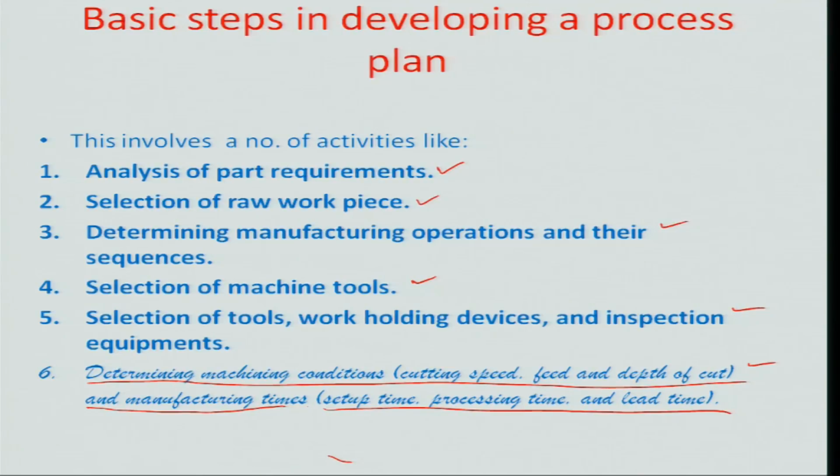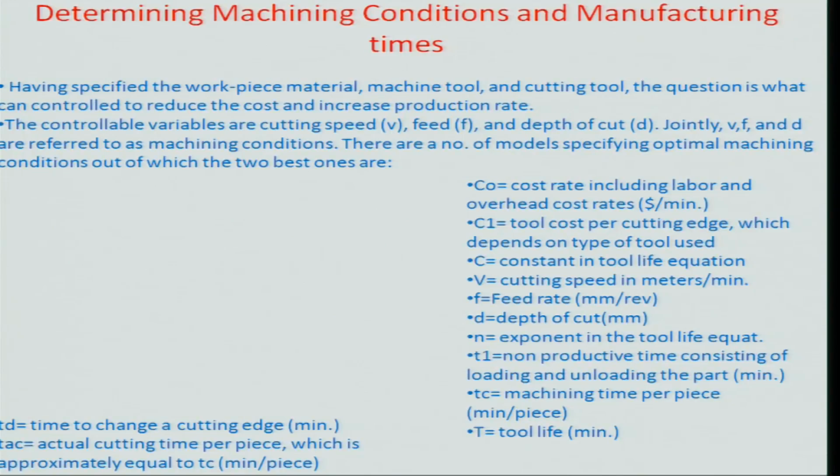So for doing that, how to determine the machining conditions, we have to first specify the work material. Okay. So specify the workpiece material and the machine tool and the cutting tool, and the question is what can be controlled to reduce the cost and increase production rate.